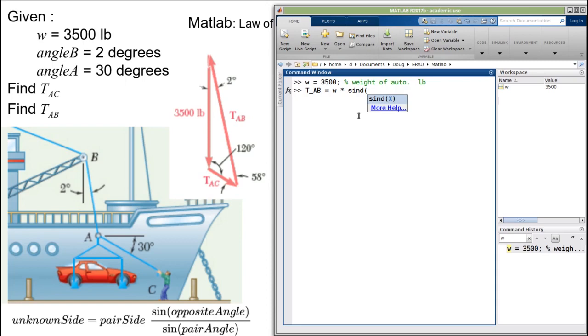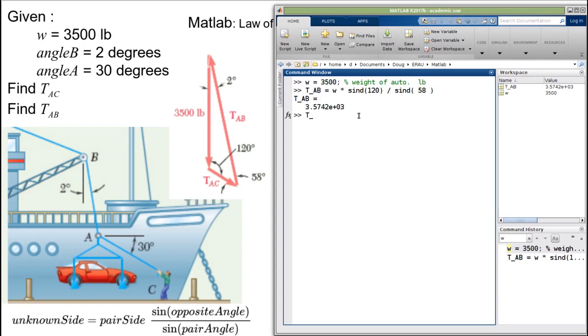We want the opposite angle, and the opposite angle to TAB is 120 degrees. And we divide again by sind of the angle we know, which was 58 degrees. And just hitting enter, notice I didn't put a semicolon at the end, so it'll give me my answer for TAB.